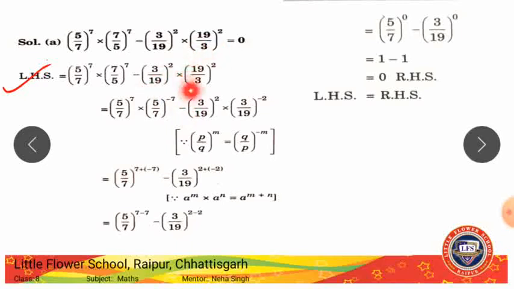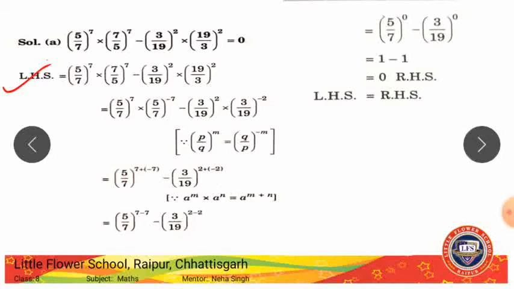Similarly, 19 by 3 can be written as (3/19)^-2. In the previous questions we have studied how to take the reciprocal of the terms and what happens to the power. This is the formula we are using: a^m equals 1 upon a^-m, or in fractions, we will write this.